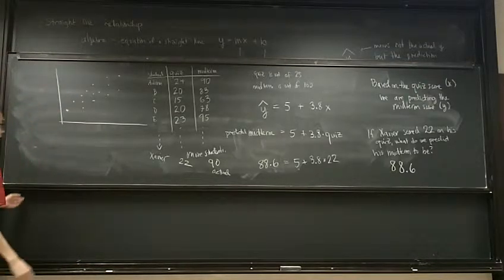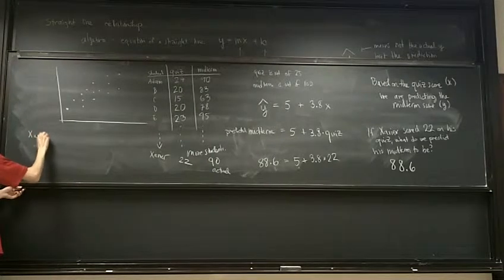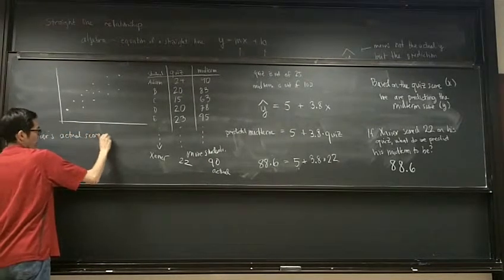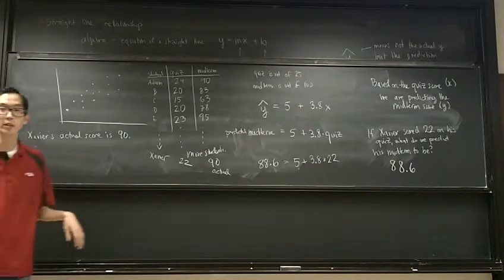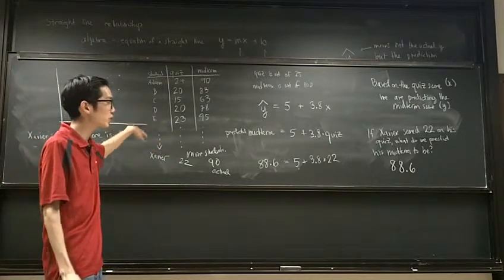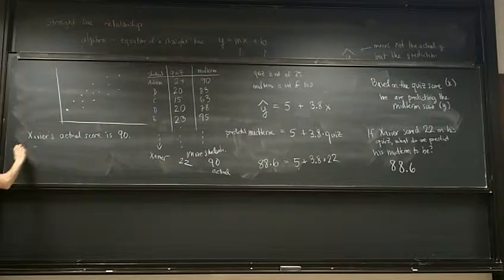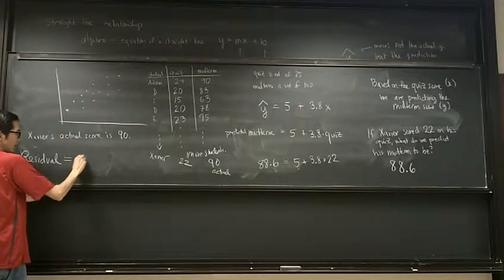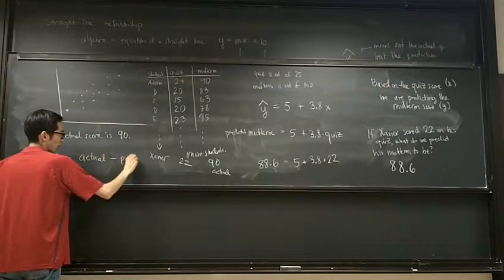Okay? So we call this difference between the actual score and the prediction a residual. The residual is the actual score minus the prediction.